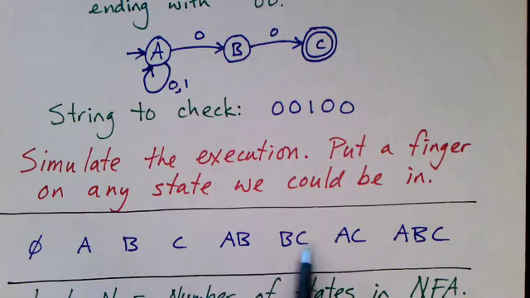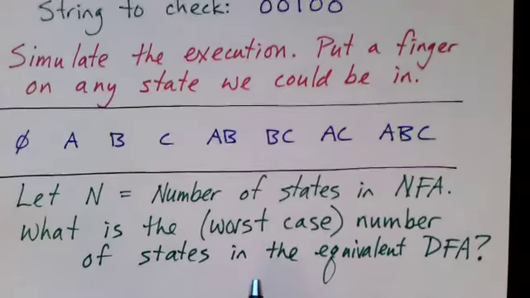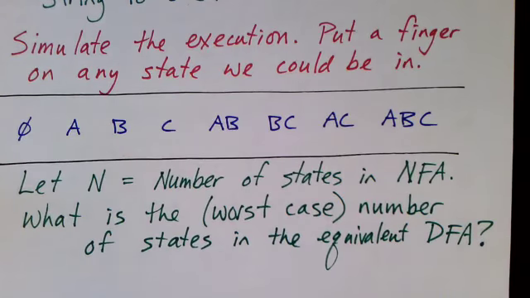Well, it could be any one of these possible combinations. So if n is the number of states in the non-deterministic finite state machine, what is the number of possible states in the deterministic finite state machine?